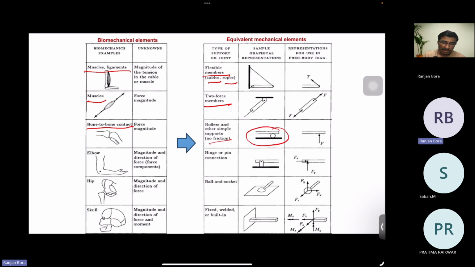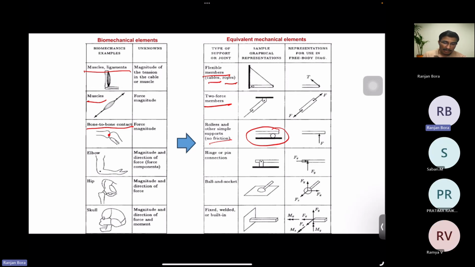Like you can see here, we can model this bone-to-bone joint contact as a roller joint, and the elbow joint is a type of hinge joint, which we have seen in the previous slide, and the hip joint we can model using the ball and socket joint. In the skull we have the temporomandibular joint here. How can we model this temporomandibular joint? We can model the temporomandibular joint as a hinge or fixed and welded joint.